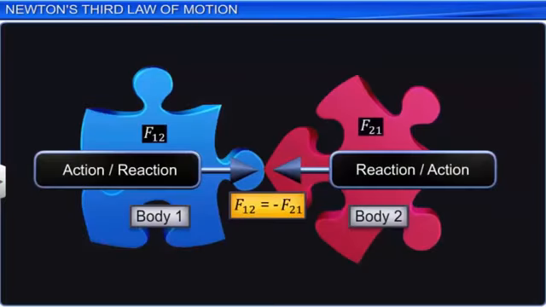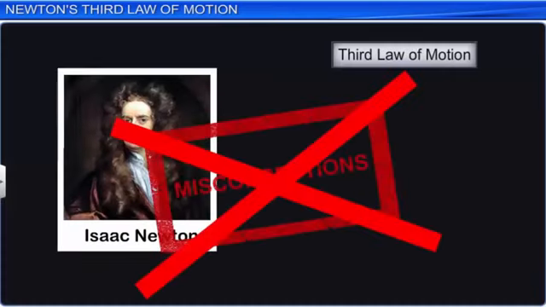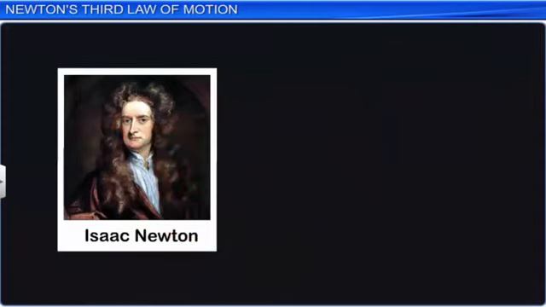Mathematically, Newton's third law of motion can be written as shown. Here, F12 is the force applied by body 1 on body 2, and F21 is the force applied by body 2 on body 1. The minus sign indicates the opposite direction. To avoid all these misconceptions, Newton's third law of motion can be stated in a simple and clear way.